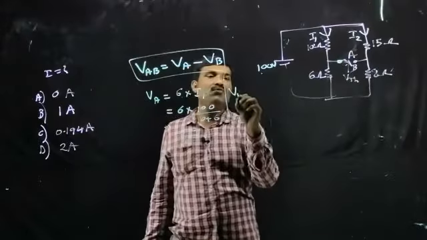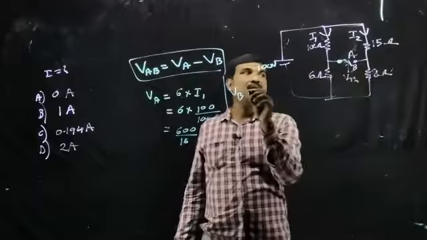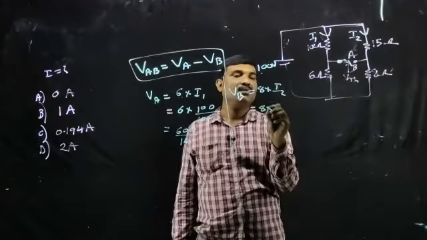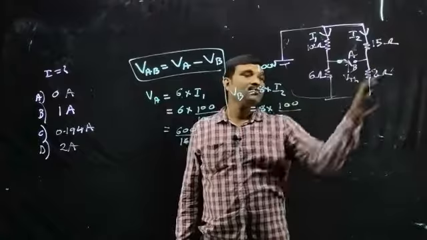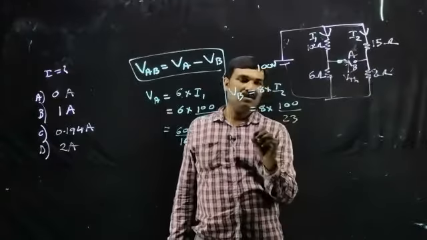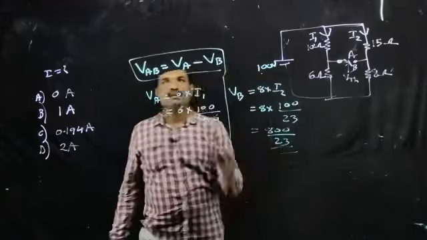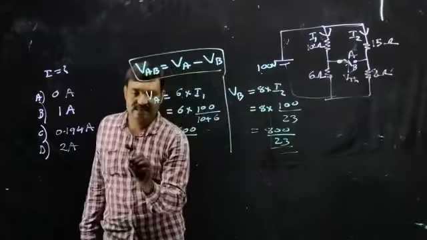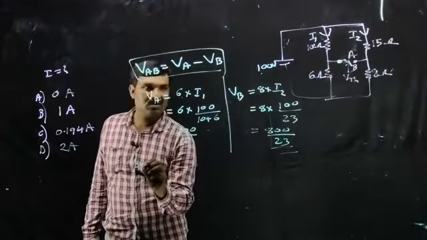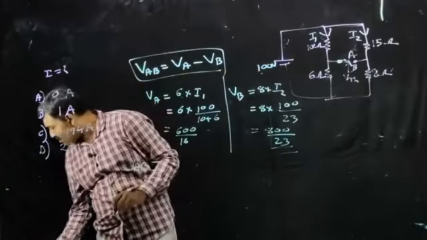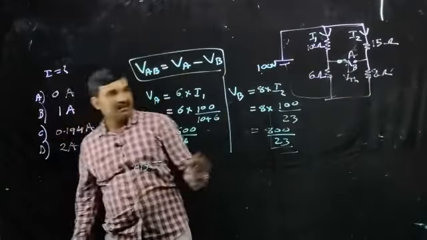Now the value of VB is equal to 8 into I2, that is 8 into 100 divided by 15 plus 8, that is 23. Numerically, it is equal to 800 divided by 23. The difference of these two will give the Thevenin's equivalent voltage VAB.